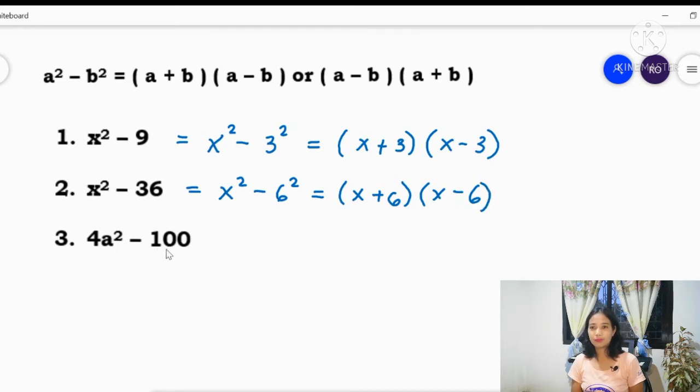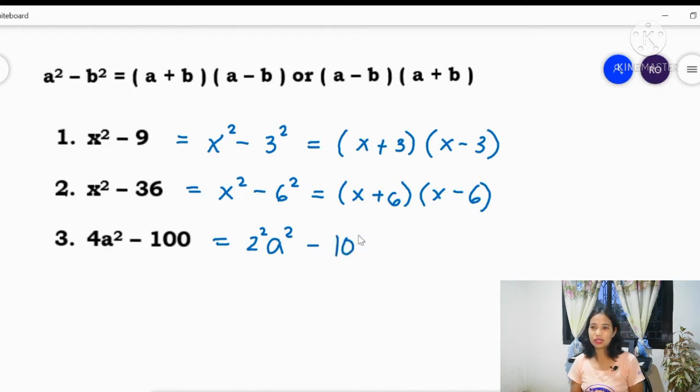Okay? For the number 3 exercise, rewrite muna natin yung first term. So, ang 4, alam natin na ang 4 ay perfect square number kapag minultiply ang 2 sa kanyang sarili. So, we can rewrite this as 2 raised to 2. Yan, let's copy the variable, a raised to 2. Minus, ang 100 ay perfect square number na kapag minultiply ang 10 sa kanyang sarili.